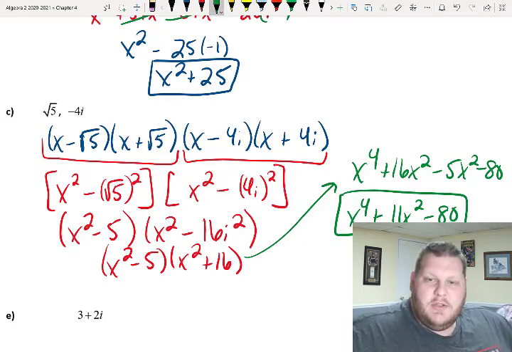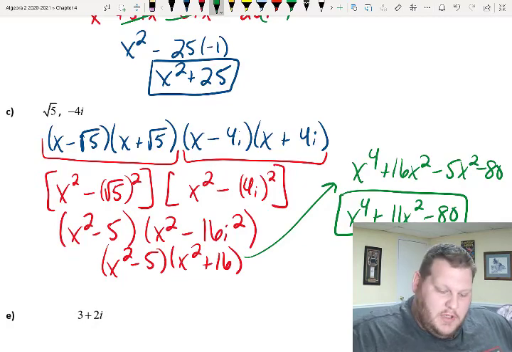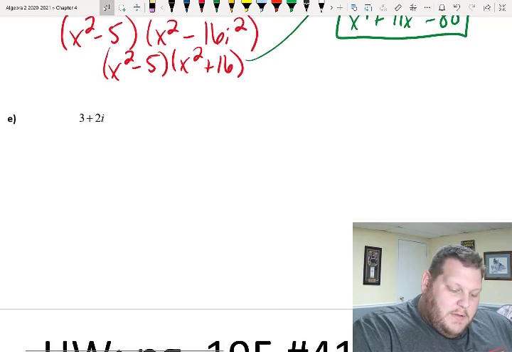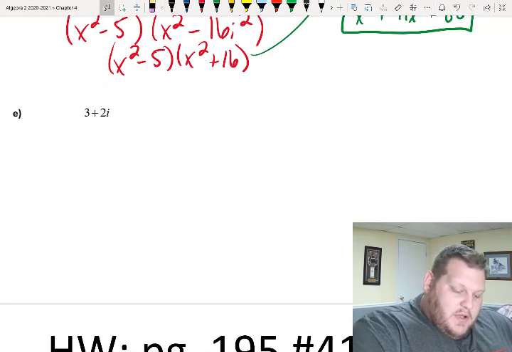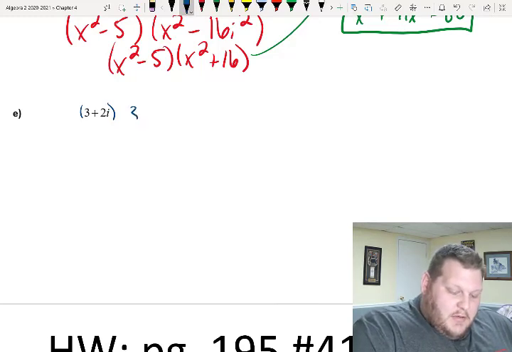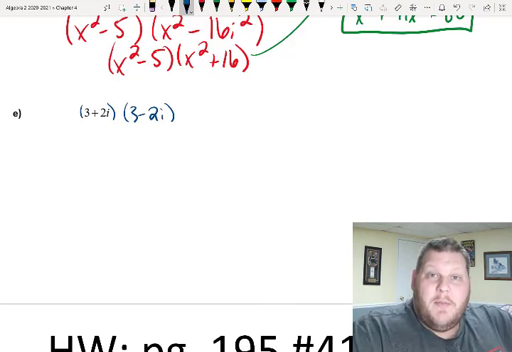All right, so for the last one, for E, we've got something super ugly, because even though we've got two numbers here, this is still just a single factor, right? 3 plus 2i is one of my roots, and so that means that 3 minus 2i is another one of my roots, but those aren't what I multiply together.